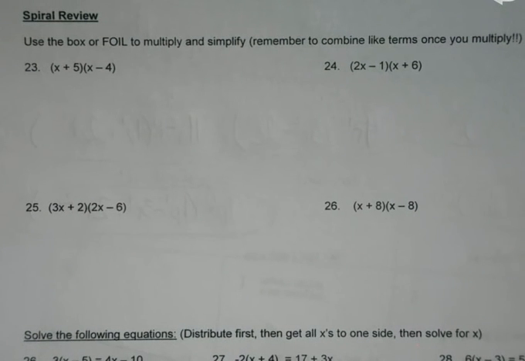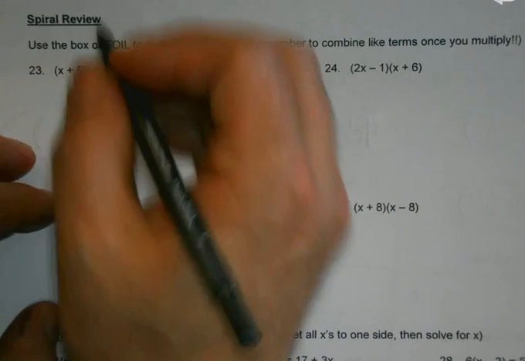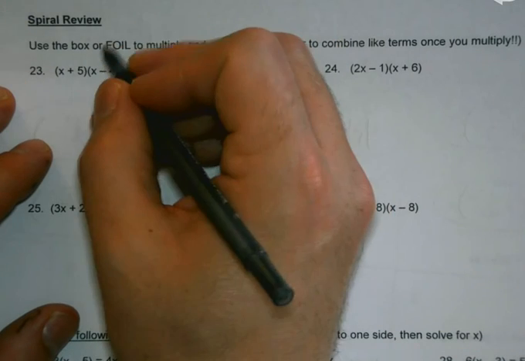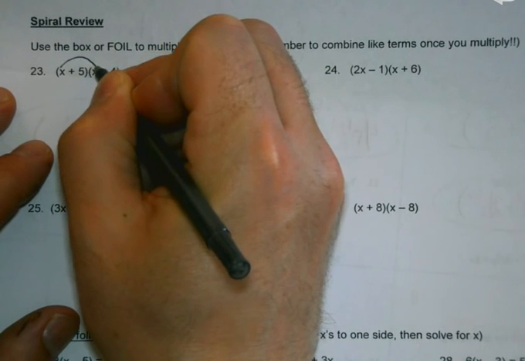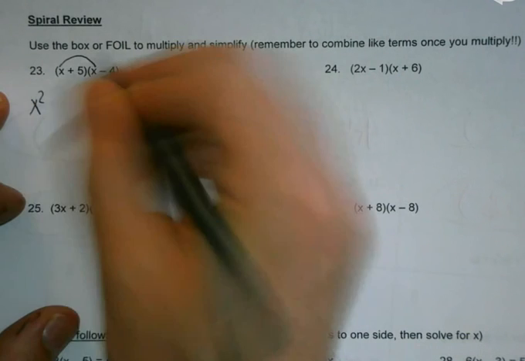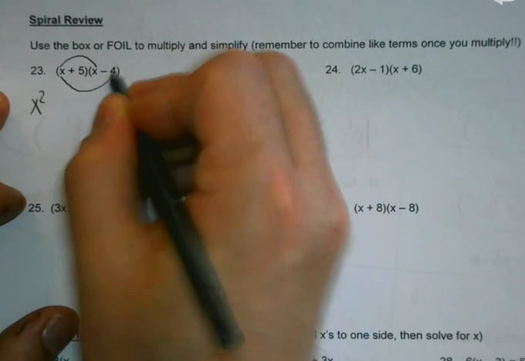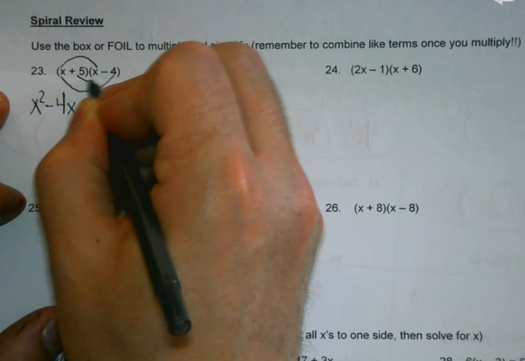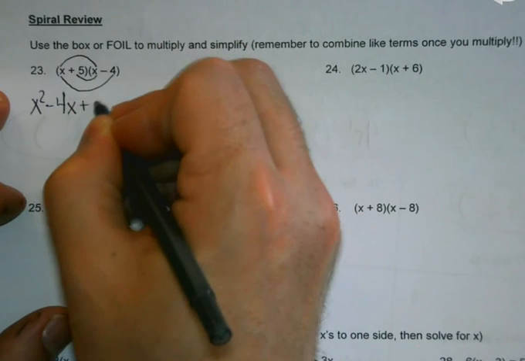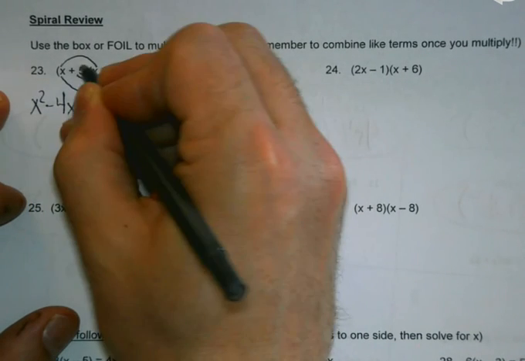Okay. Spiral review. Boxing or foiling, again, whether you say, okay, I don't like the whole box thing, so I'm going to do first times first, 4 times negative 4 times x is negative 4x, 5 times x is 5x.